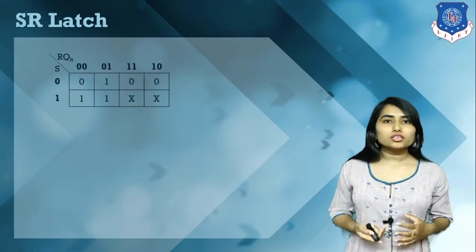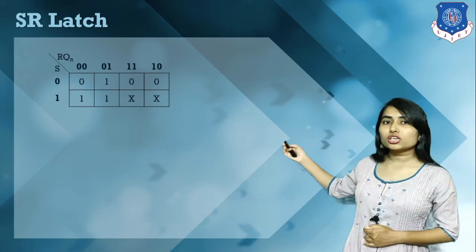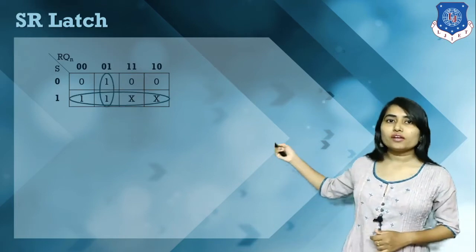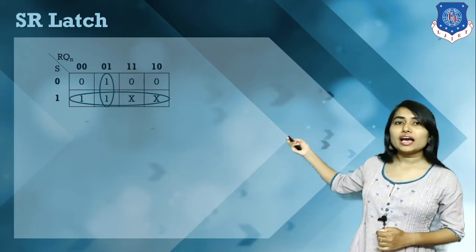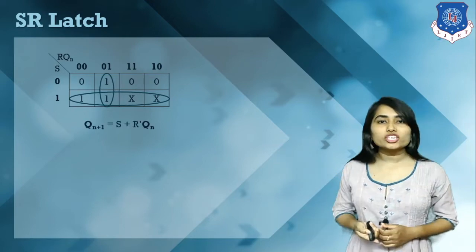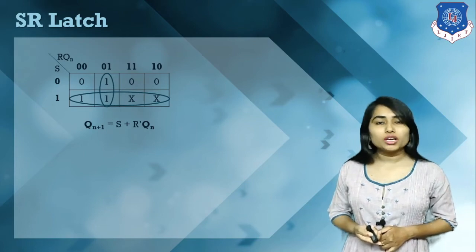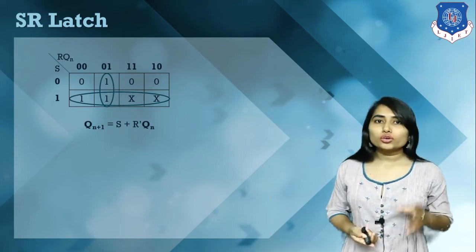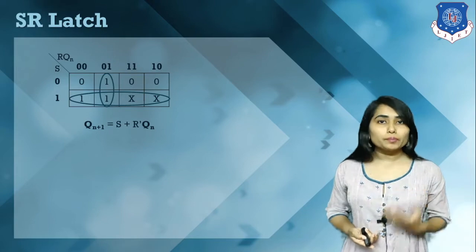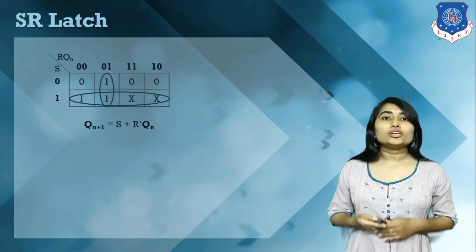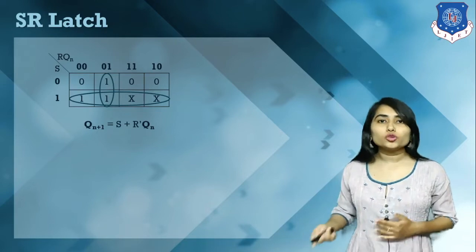Using this K-map we can make two groups, and we get the characteristic equation of the SR latch: Qn plus 1 is equal to S plus R dash Qn. As you can see, our present output depends on the present input as well as the past output conditions.